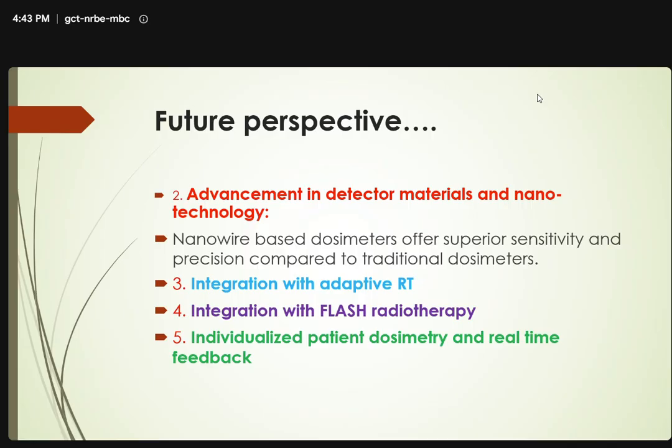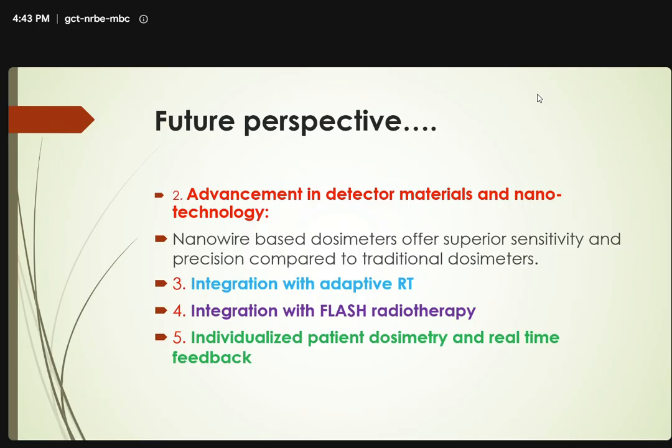Fourth is integration with flash radiotherapy. Flash means definitely we can say that very high dose can be delivered in a very lesser time. So there also this in vivo dosimetry has a role, and this is a most exciting advancement in radiotherapy.